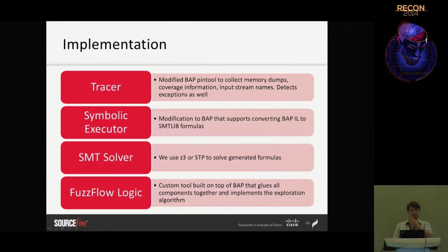I'll be putting up a blog post a little bit that goes into detail about the different solvers and their performance and the realities of trying to replicate a system like this. And then we have obviously our own custom tool written in OCaml that plugs on top of BAP. That's a standalone tool that I'll show you in a second that glues this all together and provides the interface for running the concolic testing.